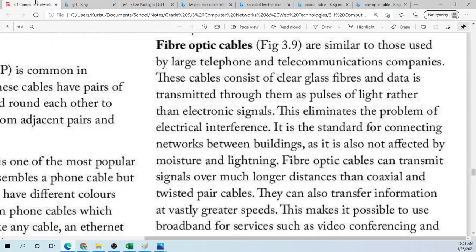Whereas light can travel much farther distances because if you look at the sun, you can see how far away the sun is, but yet we can see the light. If you look at the stars, they're so far away, but yet we can see a star because light travels much farther than electrical signals.